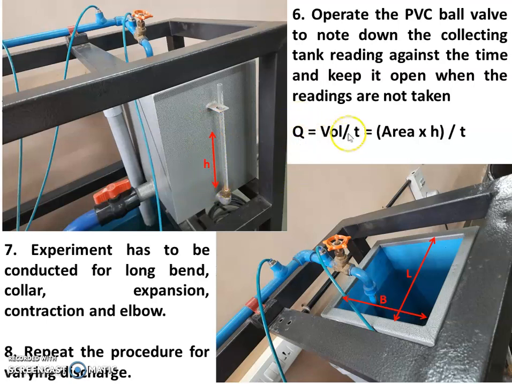We know that discharge is given by volume by time. Volume is the area of the tank, into the height. H is the height of water being collected in the collecting tank, and T is the time required for collection of water up to height H.